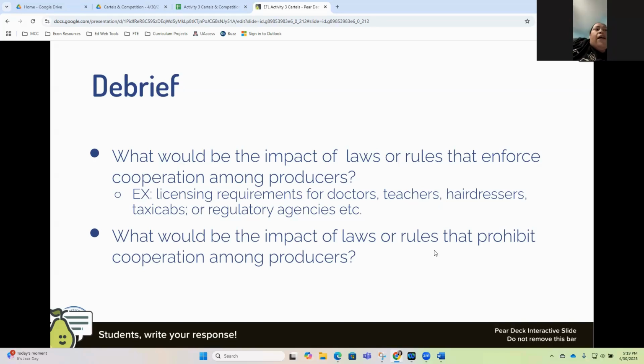Because if you're talking about licensing, and let's say hair braiders didn't need licenses before, now they do. So now not only does the agency make money, but also, when you get licensed, it's more of a leap of faith that people take on that person. So it's like, hey, trust me, I'm licensed. I know what I'm doing.